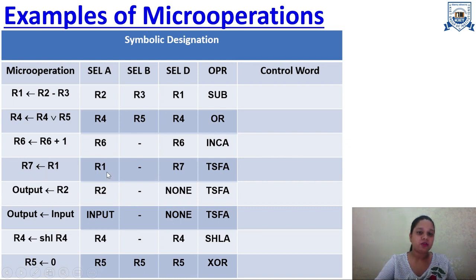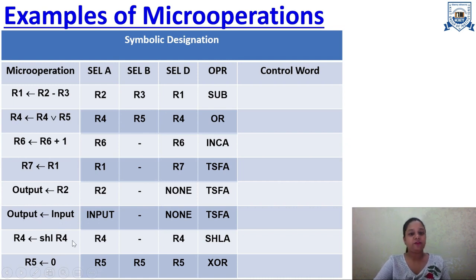So R1 is the first register, no second register, output will be on R7, and it is the transfer A. Here the first input register is R2, and the output is to some output, so there is no select D, it means there is no register over here, but it is the transfer operation that you know, so you write transfer A. Here select A will be the input, there is no second register and no select D register, but this is the transfer operation, so you need to transfer from input to output.